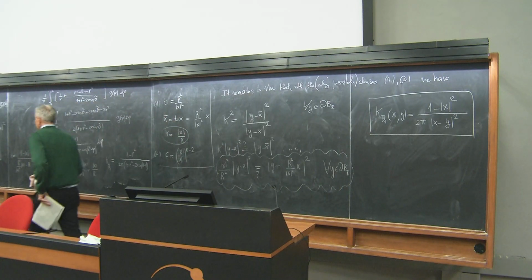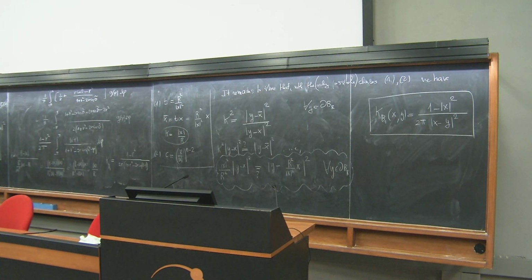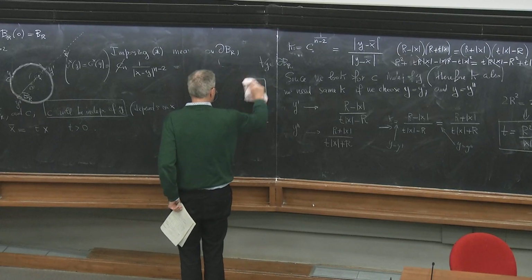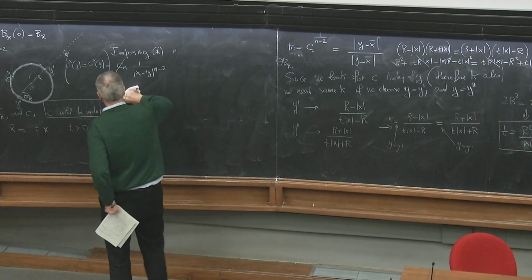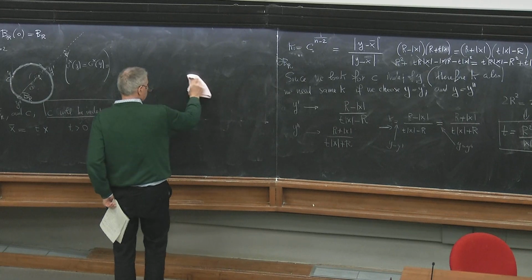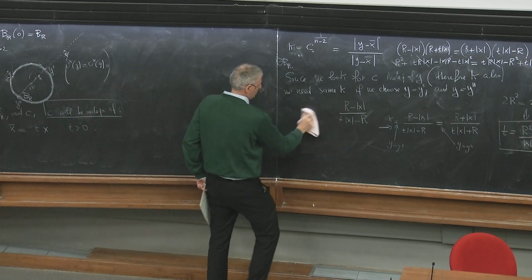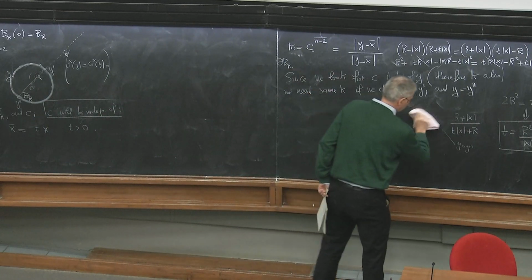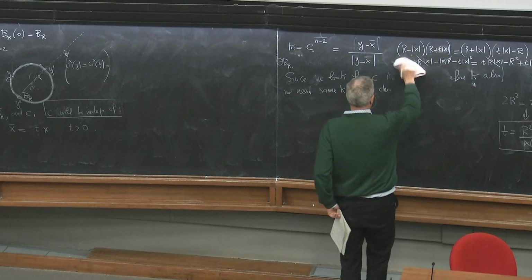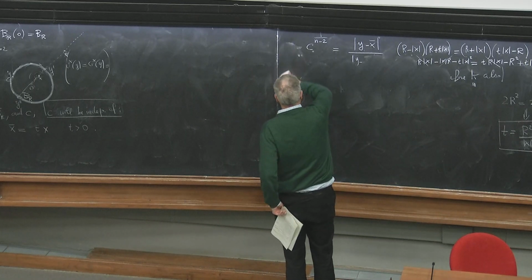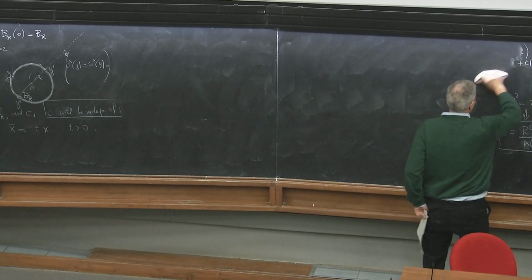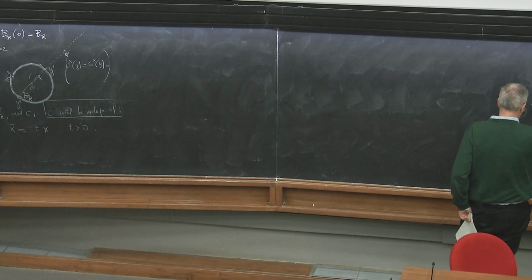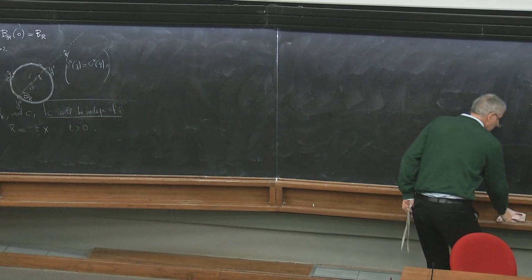Let's try to expand it. Okay, so we have the square of the norm, so we have scalar products.